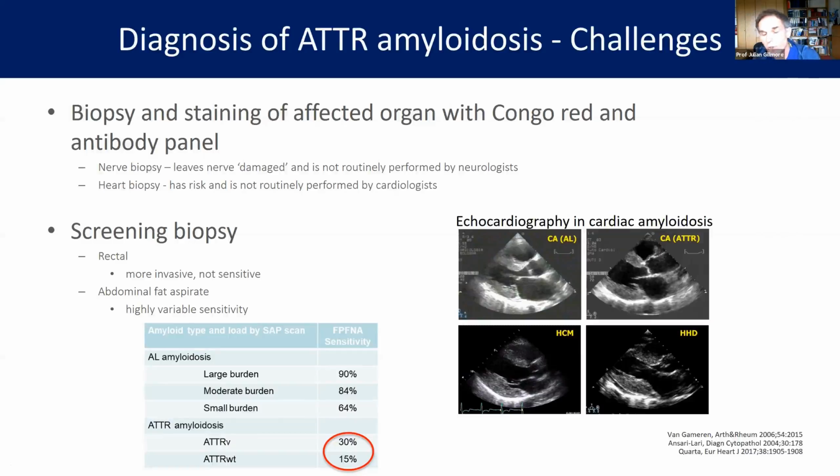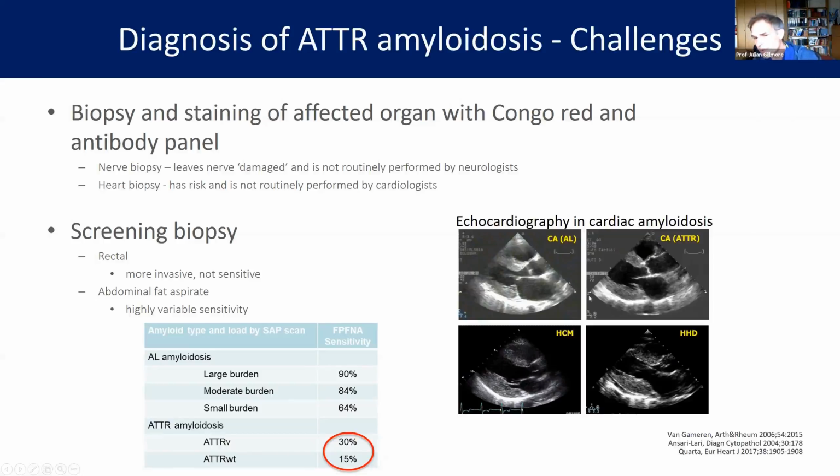Many of you will have undergone that procedure when you attended the center. The problem in ATTR amyloidosis is that fat biopsies, as you can see from this slide at the bottom, are not very sensitive. So most patients with ATTR amyloidosis who have a fat biopsy, the fat biopsy will not show amyloid, despite the fact they've got amyloid in the heart.